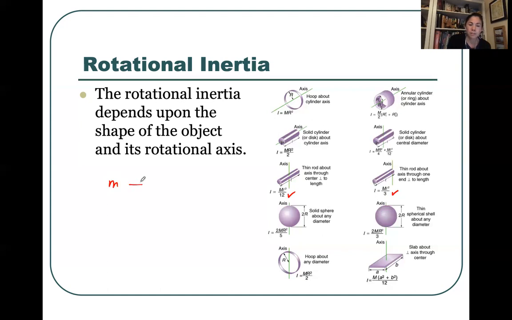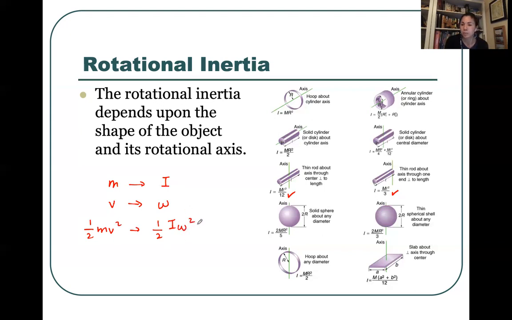So if m, now the equivalent is going to be rotational inertia, I. If v, the equivalent is omega, and so kinetic energy was 1/2 mv squared, then we're just going to do the analogy and it's going to be 1/2 I omega squared. So that's going to be our rotational kinetic energy.